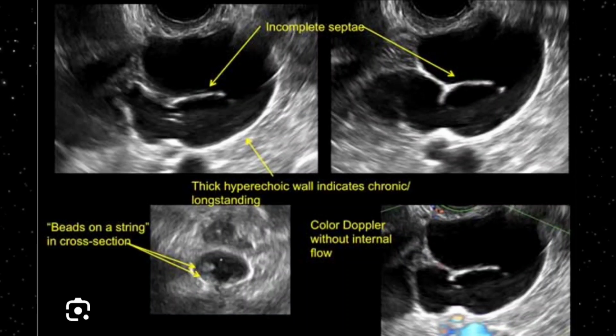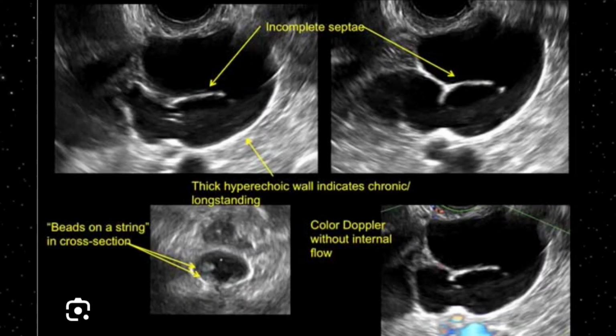On this image, this is also clearly visible. So you have seen three signs: dilated fallopian tube, incomplete septa, and beads on string sign, and when there are multiple enlarged incomplete septa, this will give rise to the appearance of the cogwheel sign. So these are signs which indicate that this is a progressive stage of pelvic inflammatory disease.